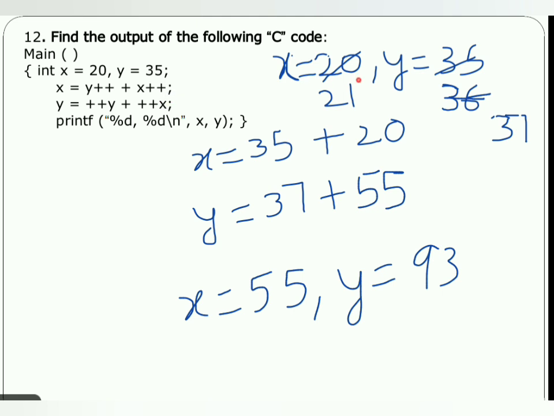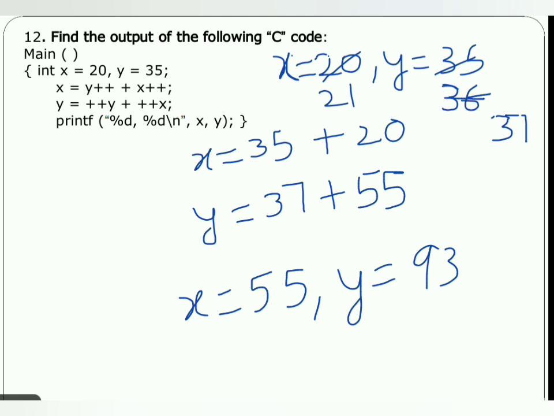So what is the x value here? 20. So we are writing the 20 and incrementing the x value by 1. Similarly here we are writing the y value and incrementing the y value by 1. Now, what is the x value here? Totally 55. Then y equals pre-increment y. So what is the y value here? 36, the new value.